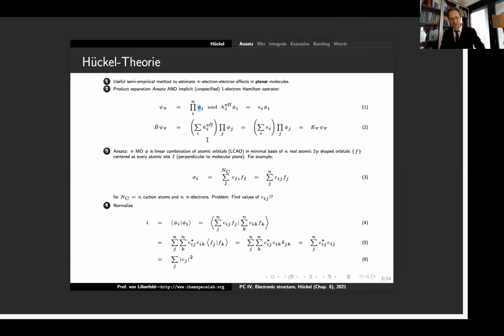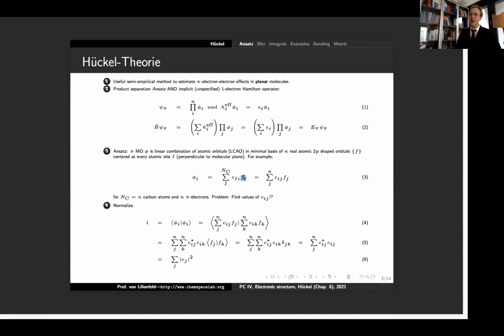Phi I. These molecular orbitals cover the entire area in which your molecule is. And then in point 3 here, you have the ansatz that any one of these orbitals is a series expansion in atomic p orbitals, right? That's what's written in equation 3.